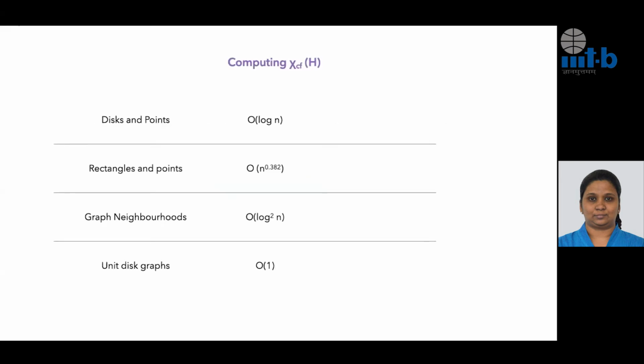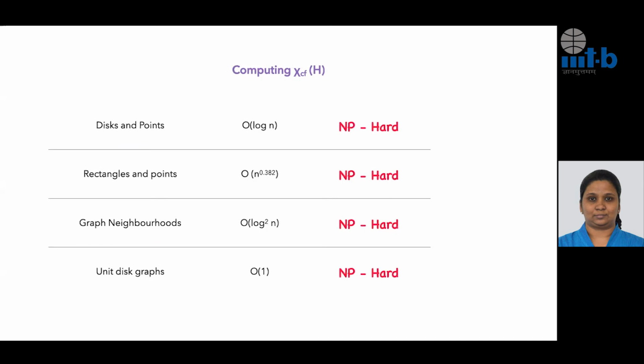So these are some of the hypergraphs that we have seen, for which we have shown bounds. Researchers have looked at the algorithmic problem for these, and sadly, almost all of them are proved to be NP-hard problems. Now we know that NP-hardness is not good news for algorithmists, because for an NP-hard problem you don't expect a polynomial time algorithm, since a polynomial time algorithm would imply P equals NP, and the conjecture is that P is not equal to NP.